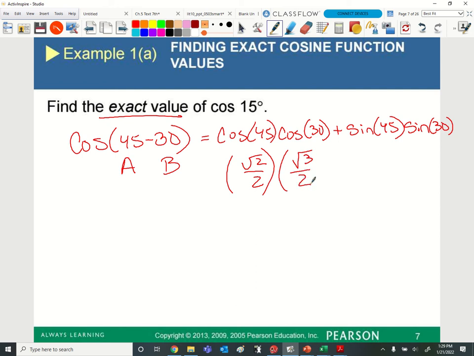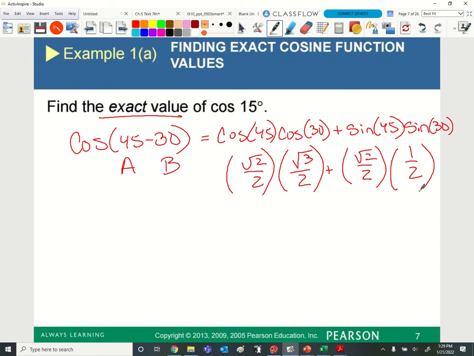Very good. Plus sine 45. Very good, rad 2 over 2. And sine 30. 1/2, right? Do y'all understand where this comes from? I'm picking these values off the unit circle.